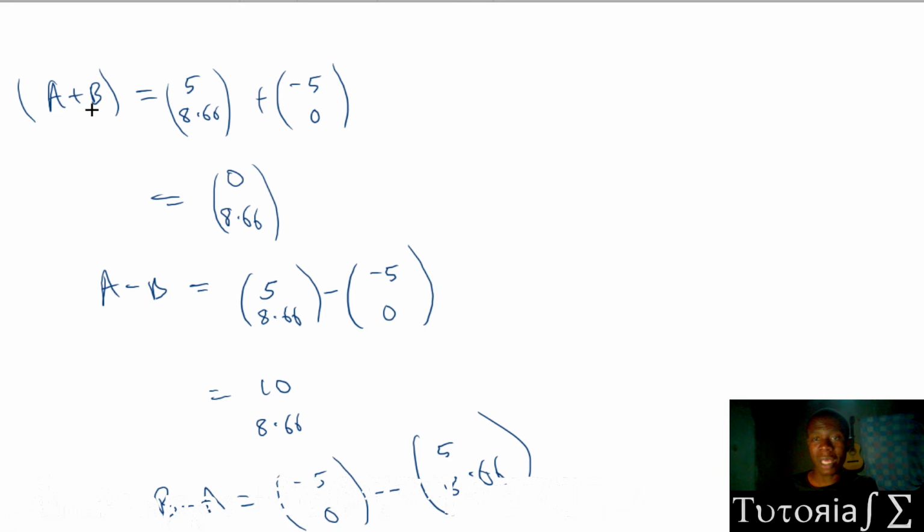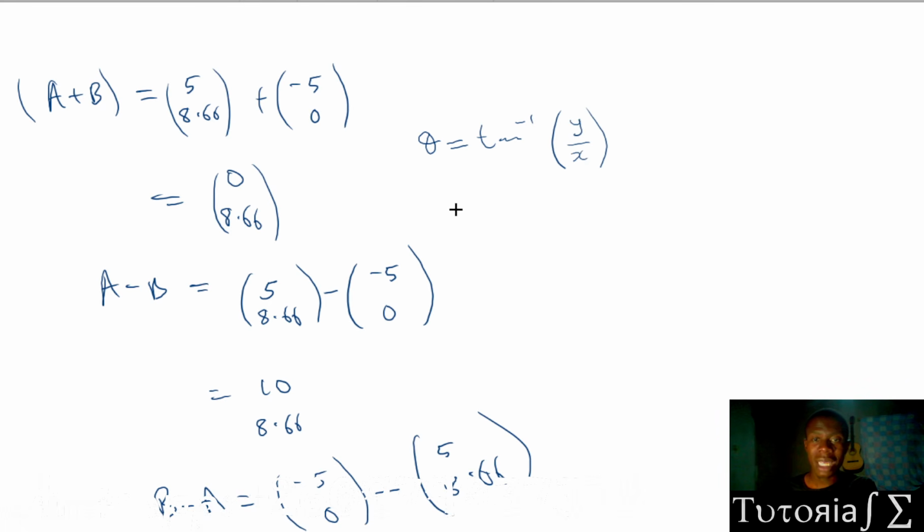That is A plus B. A plus B has the x component and the y component, and you want to find the direction of A plus B. So the direction is just the angle of A plus B, which equals theta, which equals the tan inverse of the y over the x.